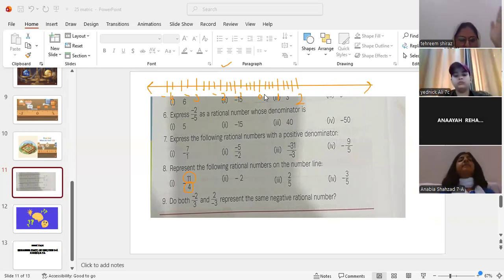If the number is positive, I will do it on the right hand side. The number is negative, that is -11. I will count 1, 2, 3, 4, 5, 6, 7, 8, 9, 10, and 11. This is -11/4. Now is this clear? Yadnik? Anaya, Rehan, is this clear?